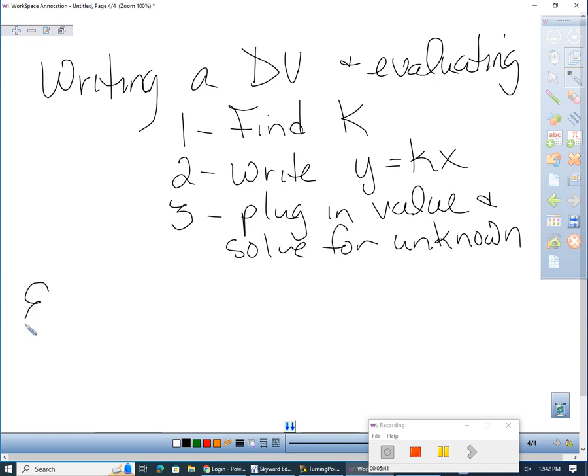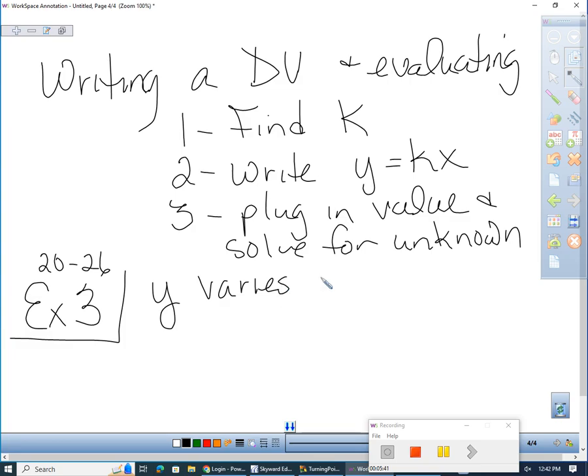Here's example number 3. This is exactly what you are doing for problems 20 through 26. All right. It's going to tell you y varies directly with x.